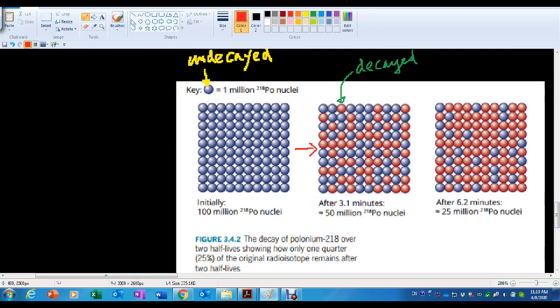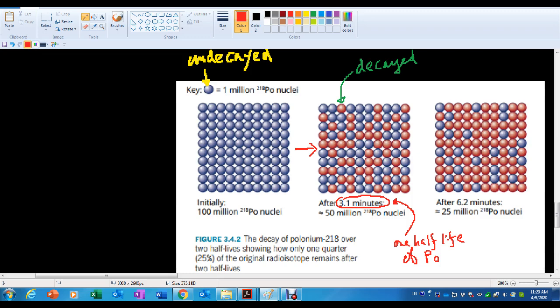That's the half-life of PO218. So 3.1 minutes is one half-life of PO. That number could be anything for different radionuclides. For PO it's 3.1 minutes, for others it would be different.